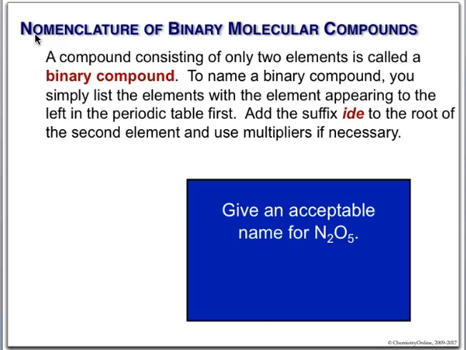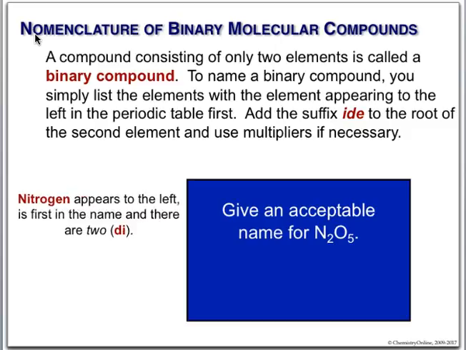Do one more here. N2O5. Now I will tell you on the last exam, N2O5 was on the exam. You had to give me a name. Okay? So what is it? We have 2 nitrogens. How do we say that? Dinitrogen. We have 5 oxygens.